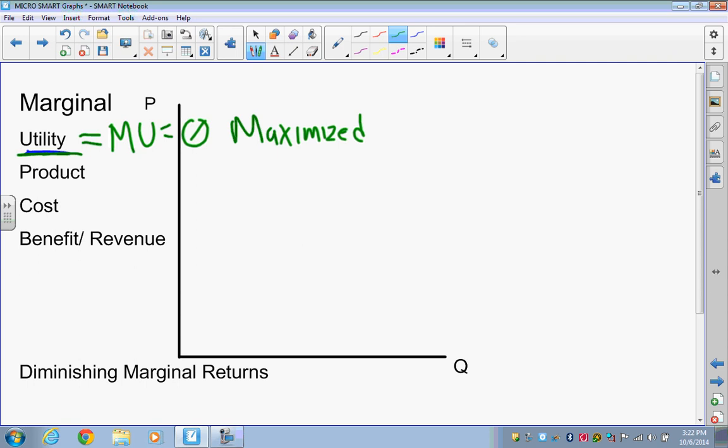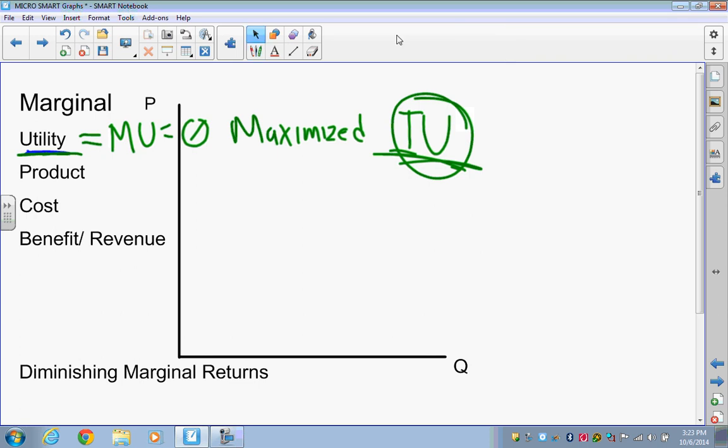This is 0, so it's clearly not maximized. If marginal means additional, and we keep adding margin to the marginal, what does that stand for? Total utility is maximized. When we don't add anymore, what can we not do? Yeah, we can't benefit anymore, therefore our total utility is what? Right, in total, think sum. We take all our marginals and we add them together to get our total utility.